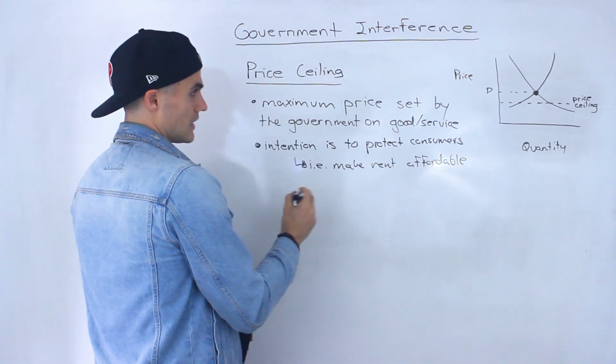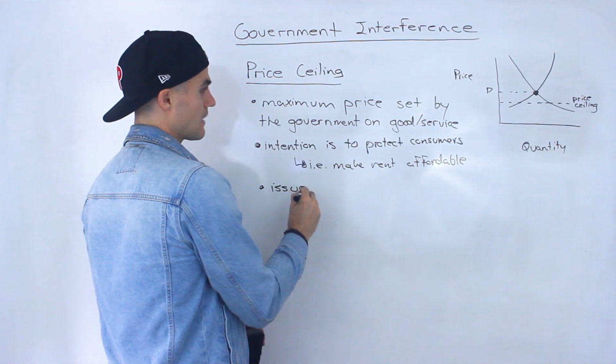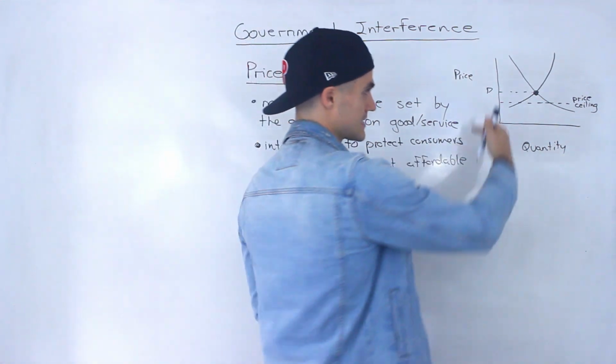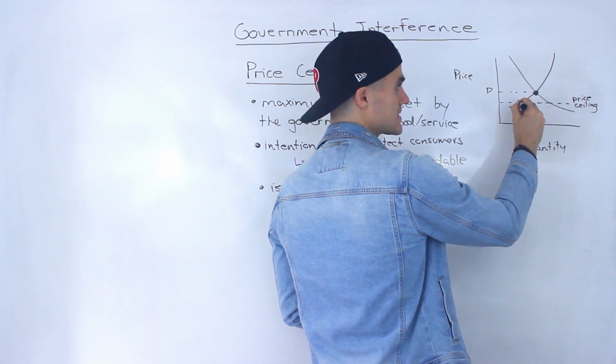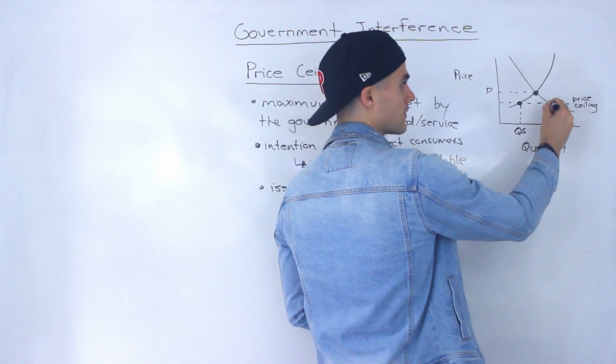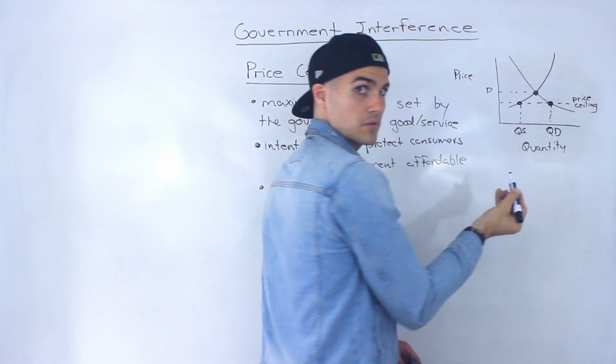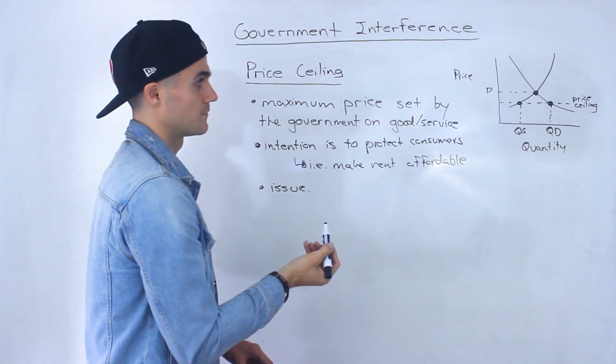Okay, but the issue is that if that price ceiling is set below that equilibrium price, notice that this here is going to be the quantity supplied, while this here is going to be the quantity demanded.